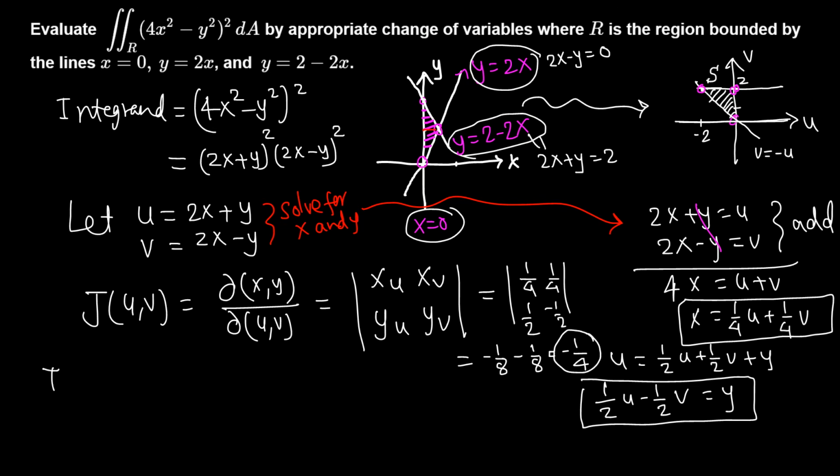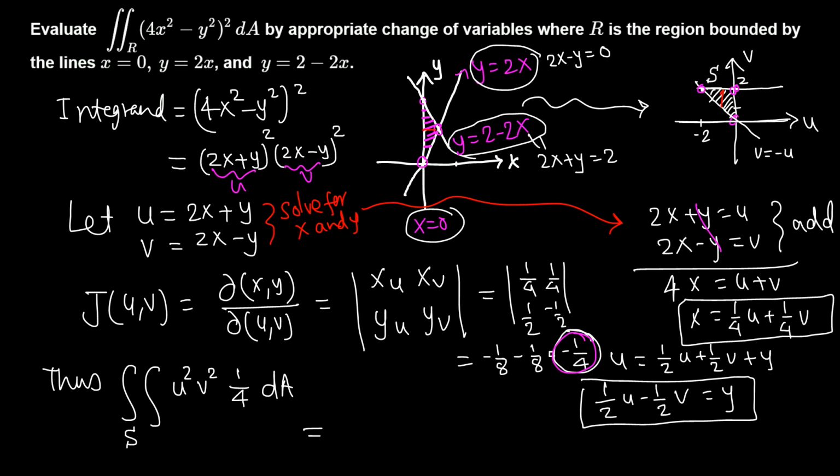Thus the given integral, written in terms of the new region, has the integrand u squared v squared, times the absolute value of the Jacobian, the absolute value of negative 1/4, which is just 1/4, and dA. Now we can consider this as a type 1 region.